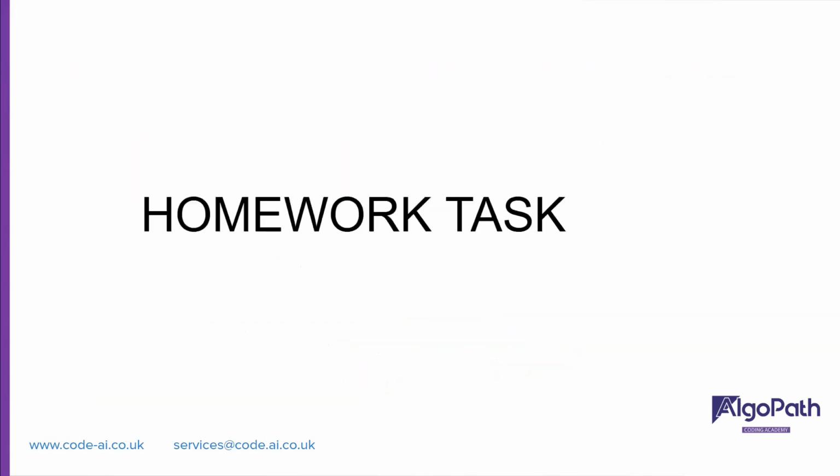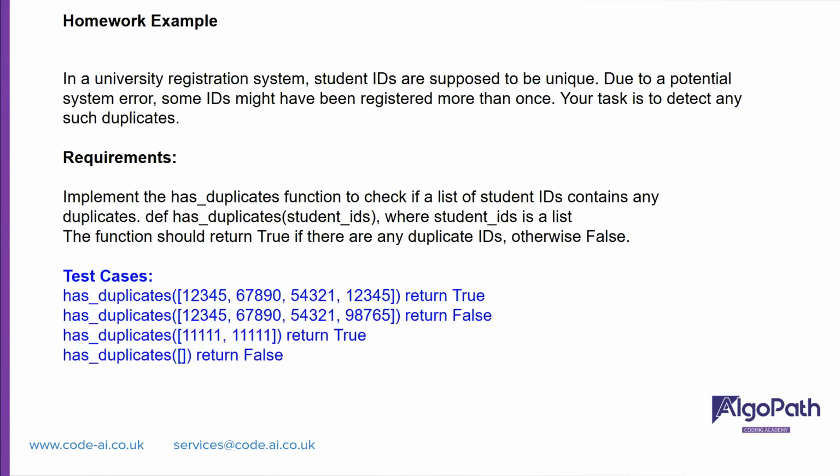Okay, coming to the end now, let's have a look at a homework task. Now, your homework task is, let's have a quick read of this, and then please try to do this on your own at home. In a university registration system, student IDs are supposed to be unique, and they would be used as, let's say, a primary key if you use a database. Due to a potential system error, some IDs might have been registered more than once.